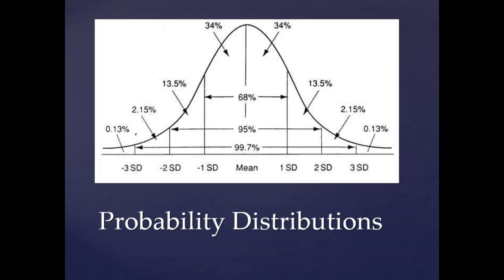And so if we think about the idea of probability distributions, and we're going to get into this again in more detail when we talk about t-tests, because that's really when we think about, if we're using a two-tailed t-test, for example, the relationship of where things fall within the normal distribution.